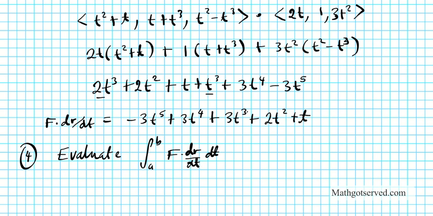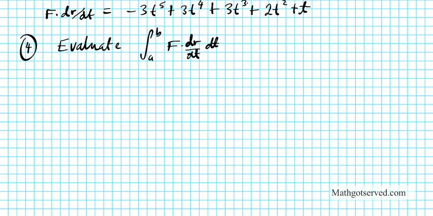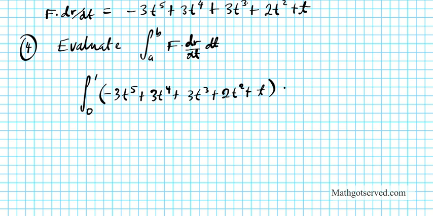So this is the final integral we're going to evaluate. Since we're starting from 0 to 1, what we're simply going to be evaluating here is the definite integral from 0 to 1 of this dot product we arrived at, which is negative 3t to the 5th plus 3t to the 4th plus 3t to the 3rd plus 2t squared plus t, dt.